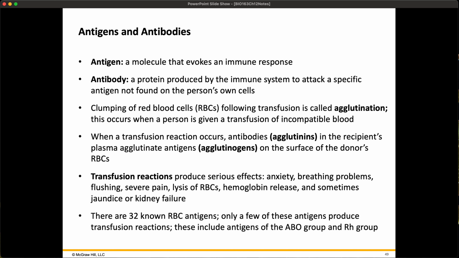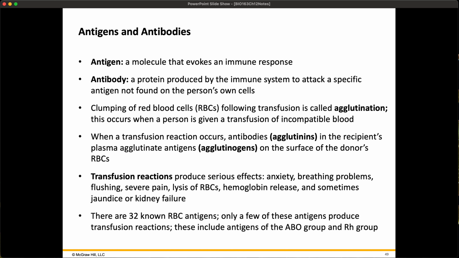Bacterial cells will have antigens on their surface, and your body can recognize those, and antibodies will bind to antigens. So antigens are on the cells, identifying them. Antibodies are proteins floating through the plasma that are going to bind to antigens that are foreign or dangerous to a cell or to a body.